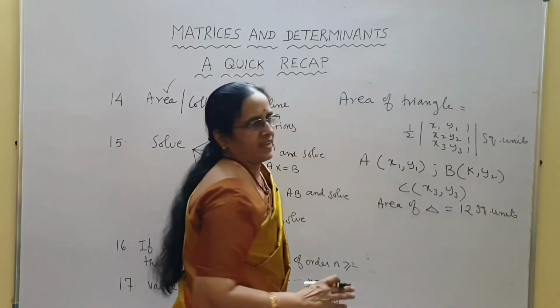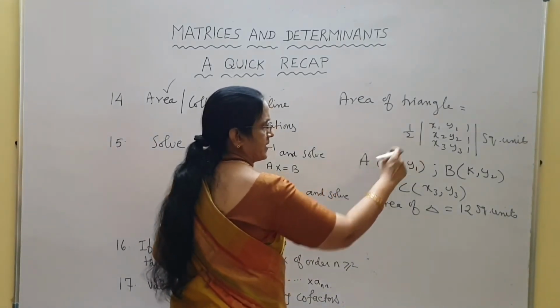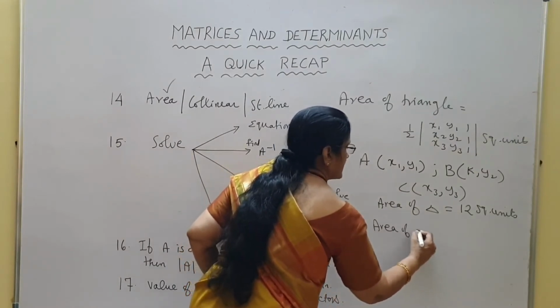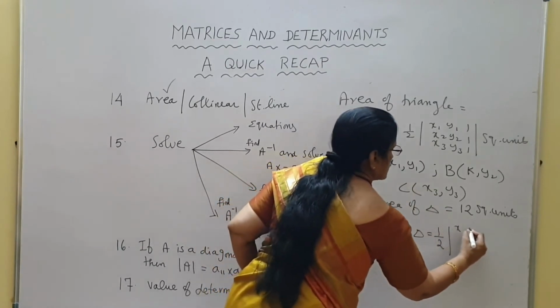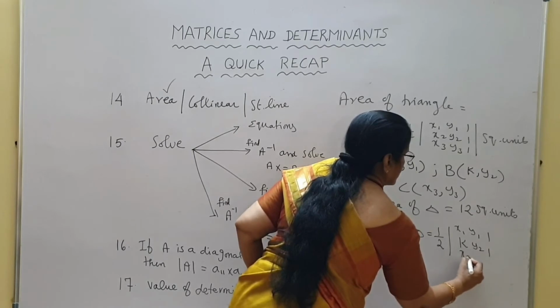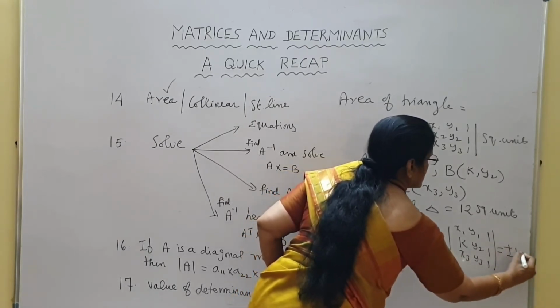Find the value of k. In this case, you need to first write the area of the triangle. Area of triangle is equal to half of determinant x1, y1, 1, k, y2, 1, x3, y3, 1 is equal to plus or minus 12.